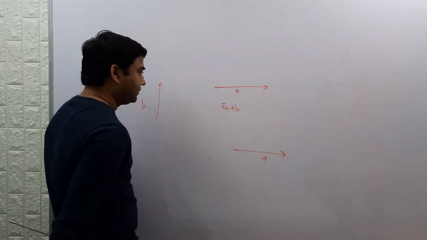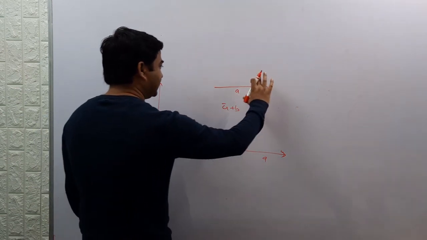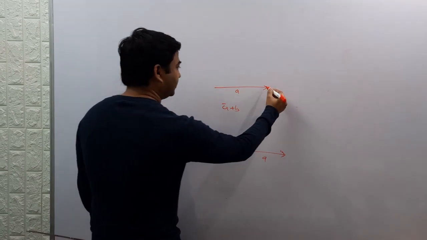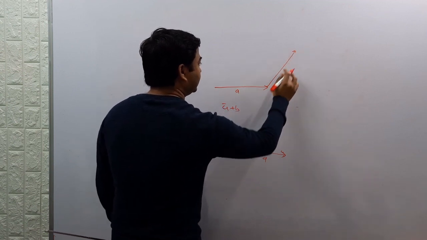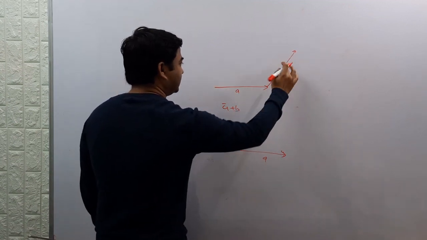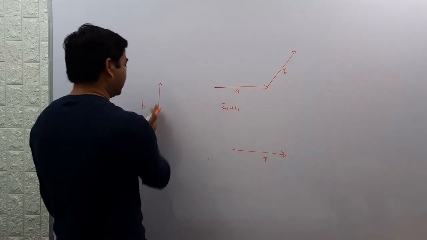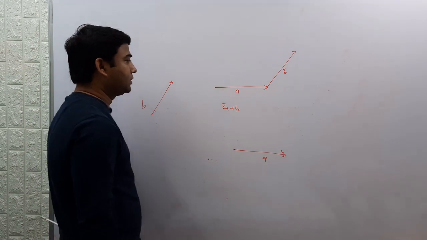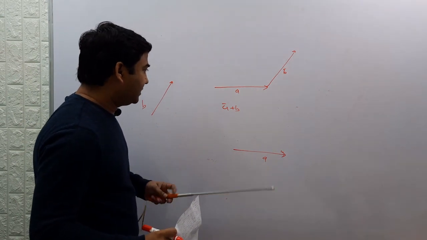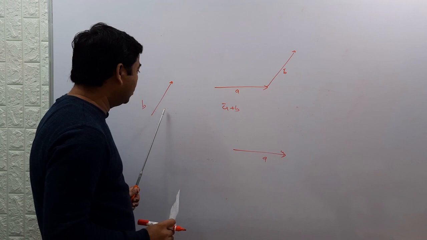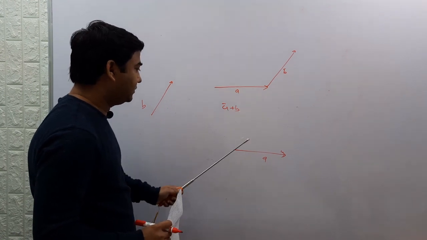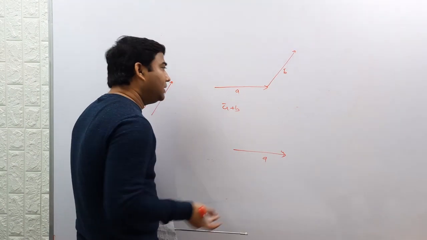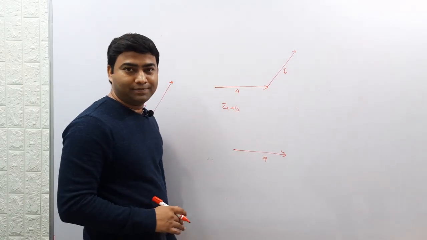Draw this vector A, draw this vector B, start the tail of this vector from the head of A, and in the same direction, take the direction of vector B. So make two arms of a triangle with the help of A and B. Then the third arm is taken in reverse order.